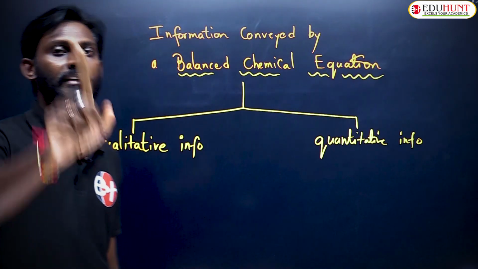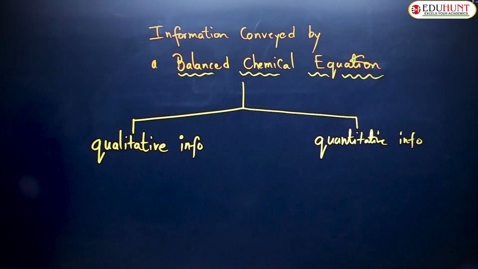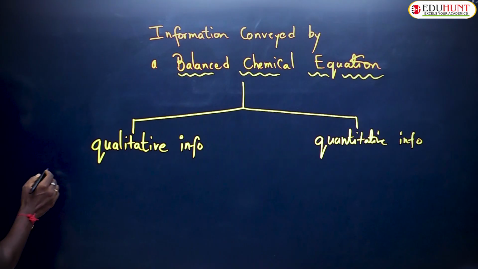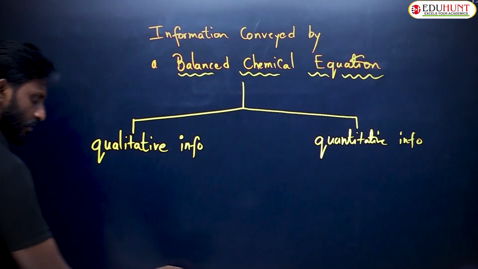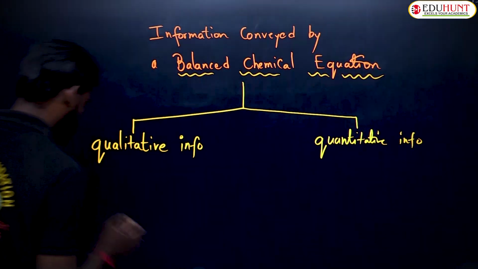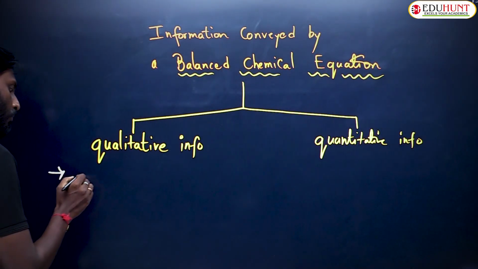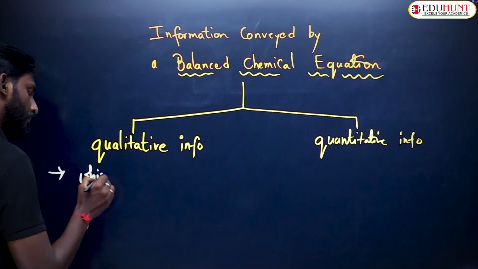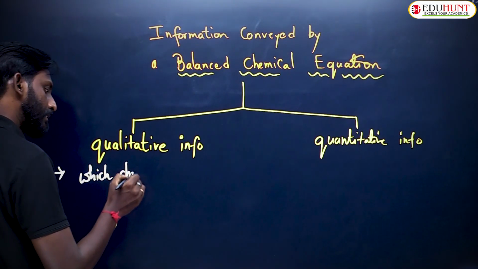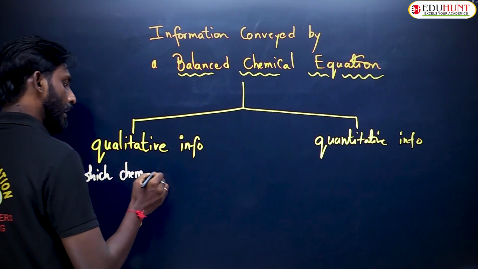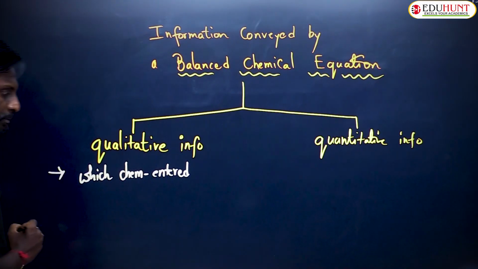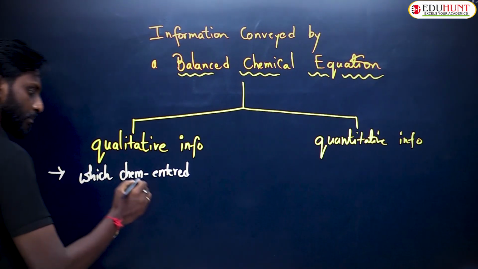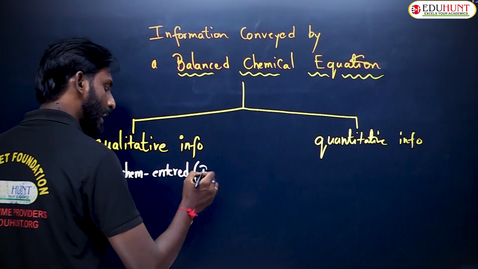So that is qualitative information, right? For example, this gives two kinds of information. Simply, which chemicals entered a chemical reaction. That means that is about reactants.